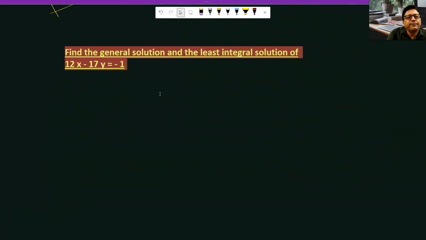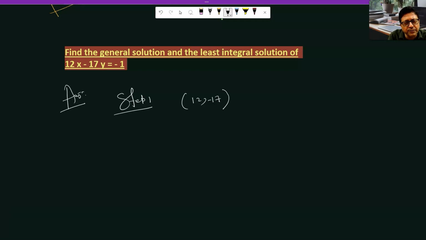Say this question: find the general solution and the least integral solution of this equation. We have to solve it. So what was step 1? I remind you. GCD of 12 and 17 or minus 17. You say minus 17, no problem.